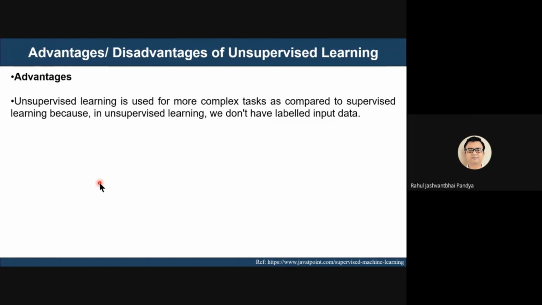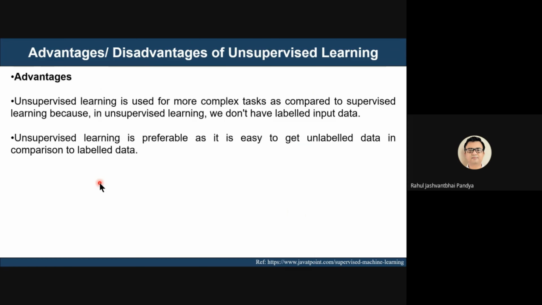In such cases, when we don't have labeled input data, we use unsupervised machine learning. That's an advantage. It is easy to get unlabeled data in comparison with labeled data. Sometimes in the real world, we do not have enough features or labels available for a particular data set, so we can give unlabeled data sets to unsupervised machine learning algorithms and let them find the pattern and identify the outcome.